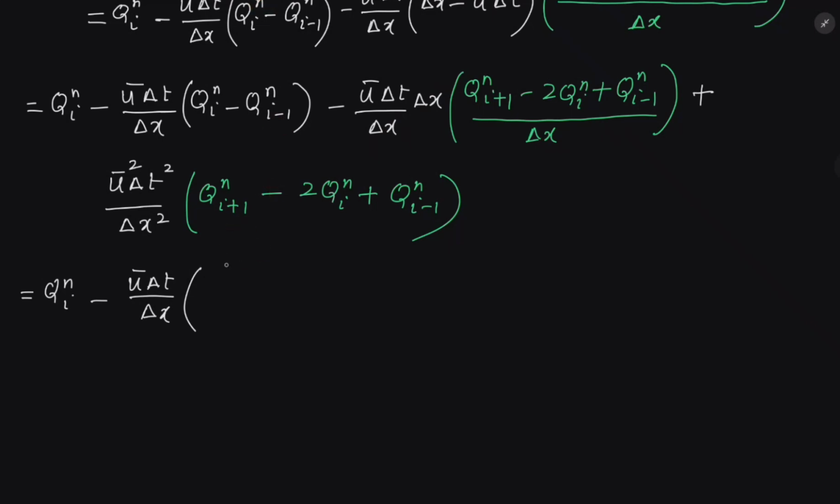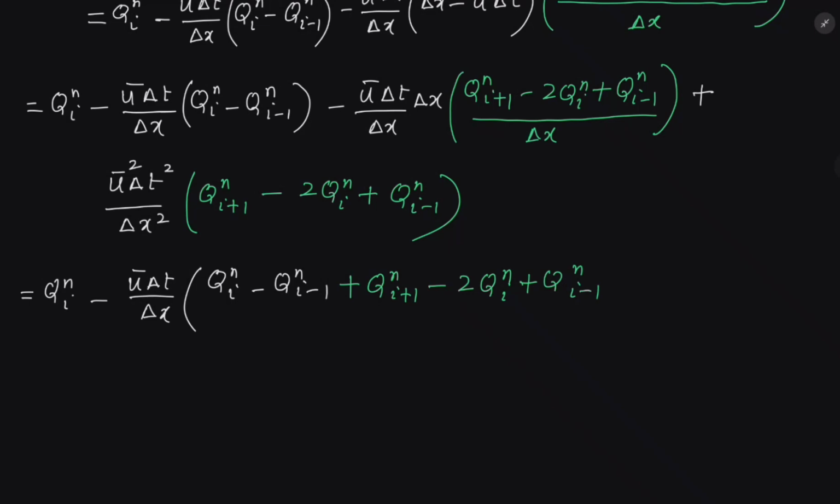So the first one is q n i minus q n i minus 1, minus q n i plus 1 plus 2 q n i, and if we take minus as a common, then we have minus 2 q n i, then we have plus q n i minus 1.